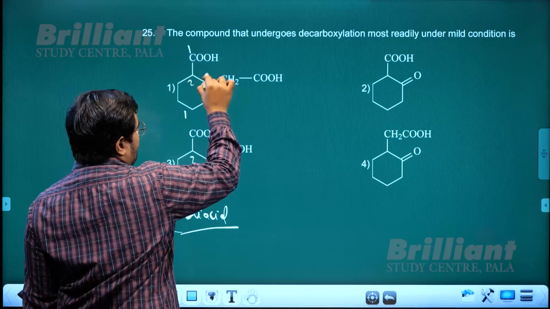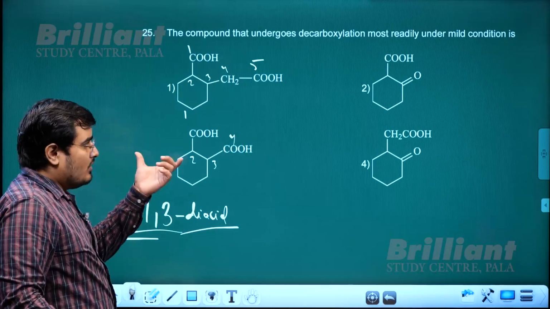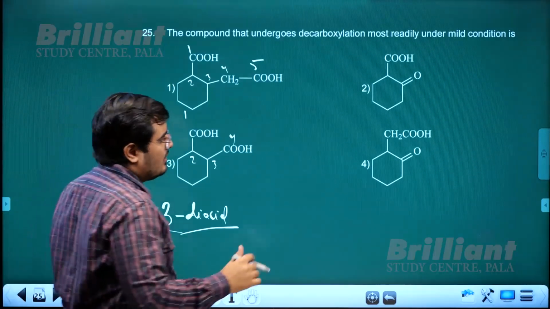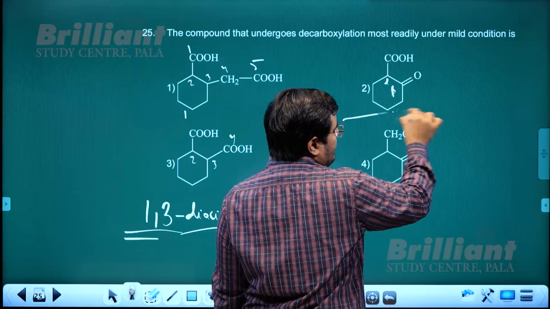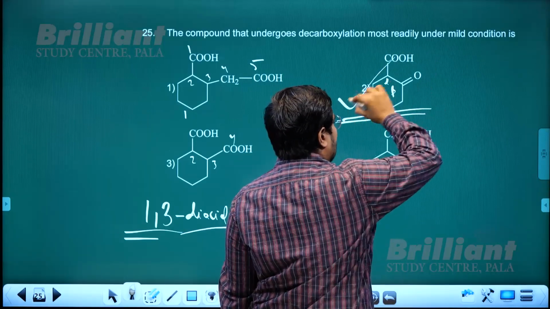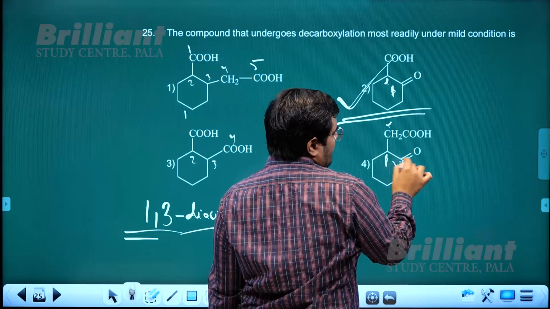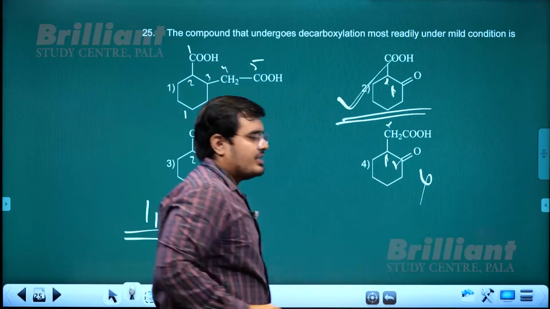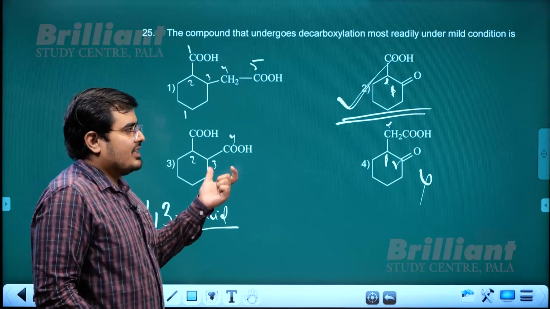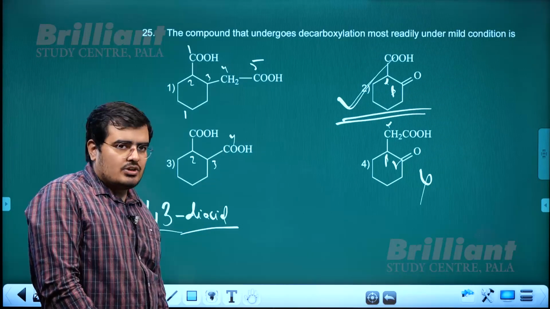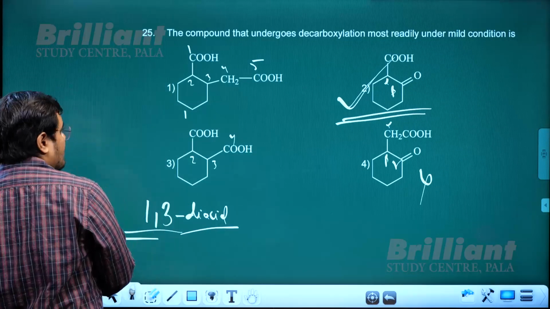This is 1, 2, 3, 4, 5. 5, they will also form anhydride. This actually happens to be an alpha, beta keto acid. So this will decarboxylate, whereas this is alpha, beta, gamma. So no decarboxylation in this case. So beta keto acids, as we know, are the substrates which undergo decarboxylation very easily, and that is the only thing you had to look for there.